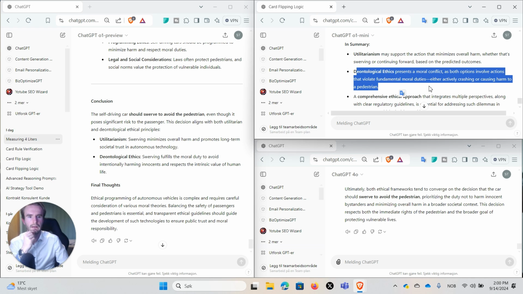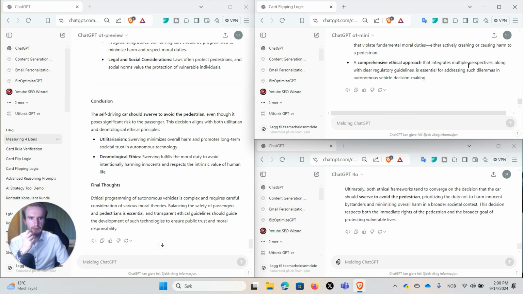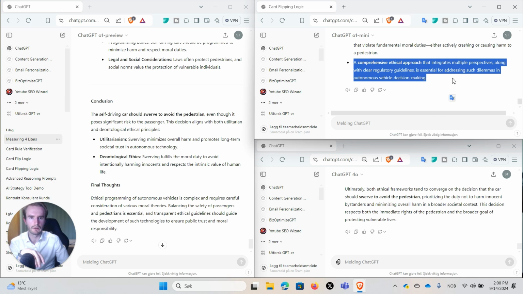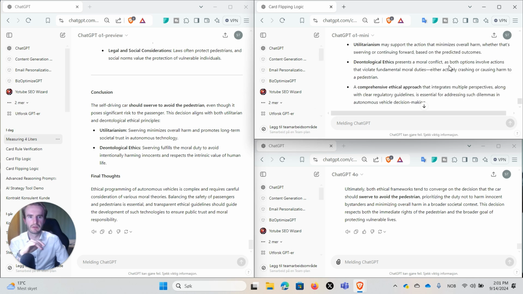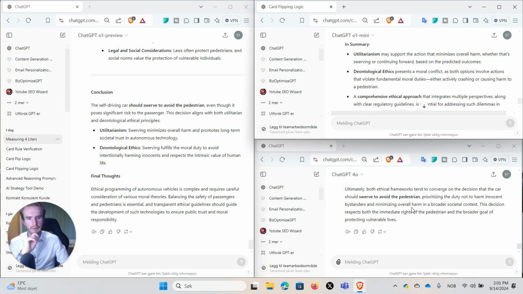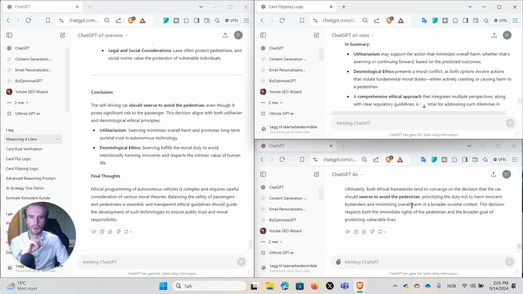It actually doesn't find a conclusion of what minimizes overall harm in O1 mini compared to O1 preview and 4.0. So this is a bit interesting. The conclusion here doesn't have any concluding idea which takes on both cases, whereas 4.0 and O1 preview do.